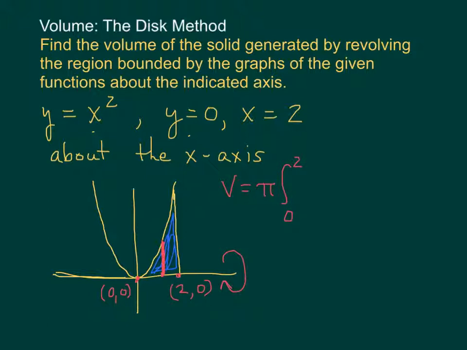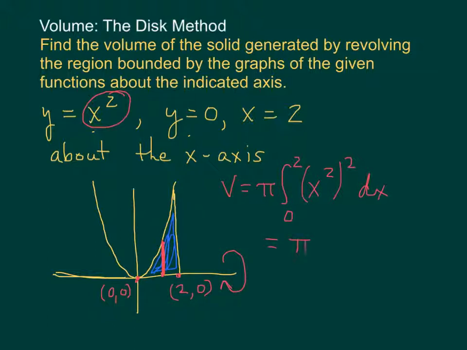So when we do pi times the radius squared, our radius is x squared. So x squared squared, which is of course x to the fourth.